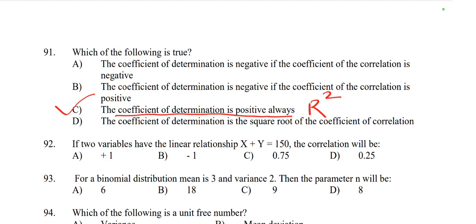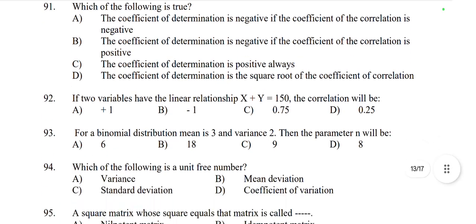There is no negative value here. So the other options are incorrect, and the right option is that the coefficient of determination is always positive. So option C is right.